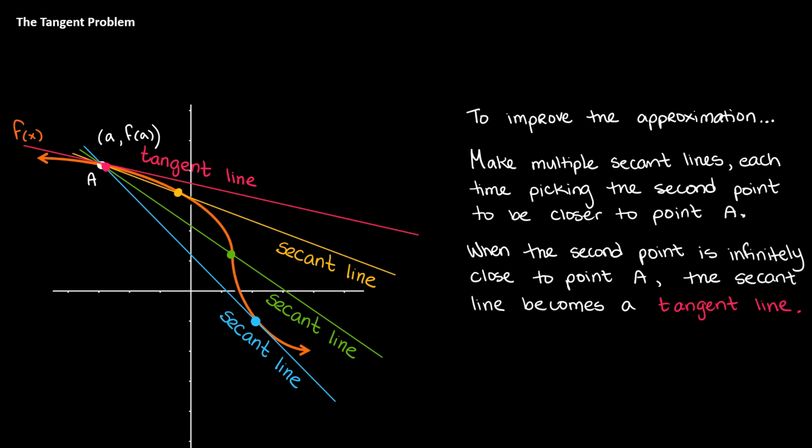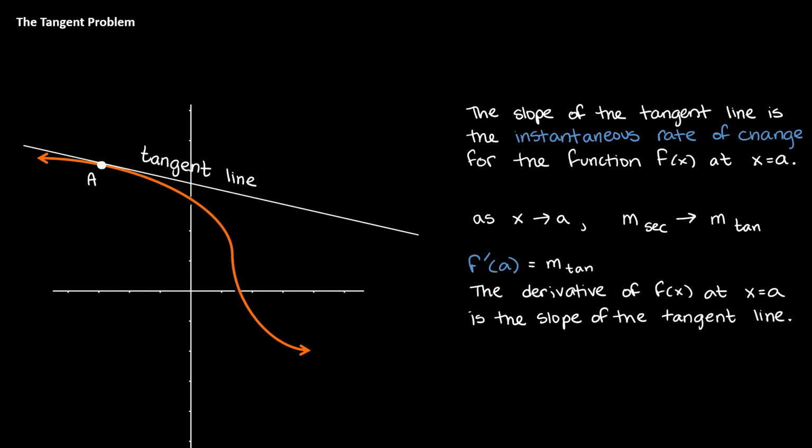When the second point that you pick to create your secant line is infinitely close to the point A, we call it a tangent line. So the slope of the secant line is our approximate rate of change, but the slope of this tangent line is the instantaneous rate of change. At the point A, we can say the function is changing at a rate that is equal to the slope of the tangent line.